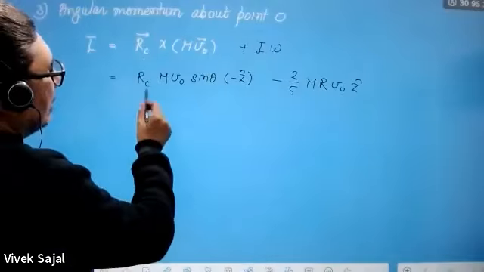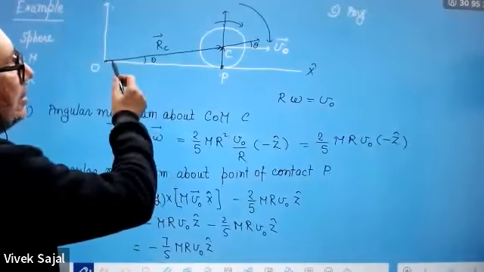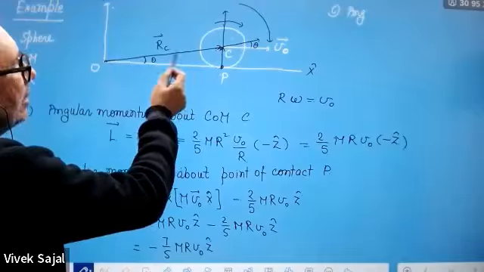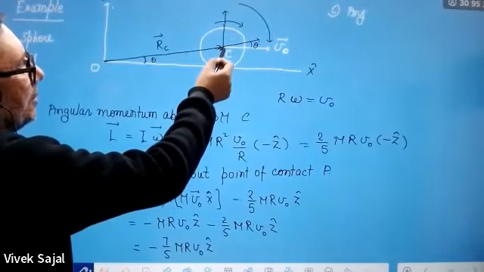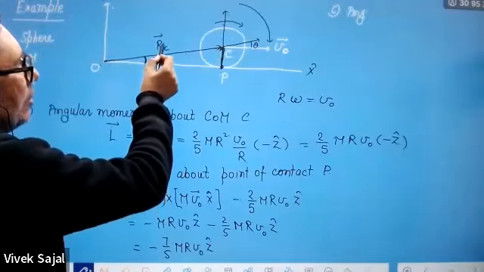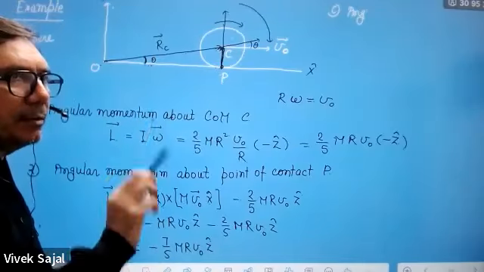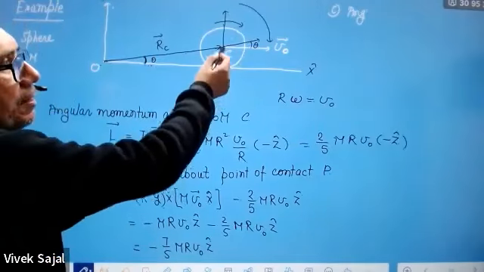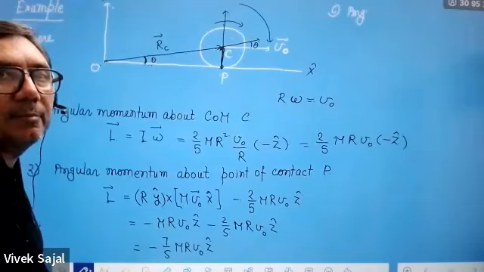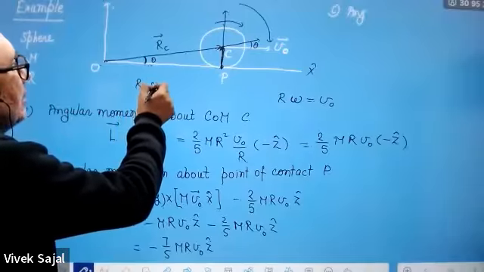Now, if you look at this RC sine theta in this diagram, in this right angle triangle, RC is the hypotenuse, and RC sine theta will be equal to the perpendicular. The height of this perpendicular is capital R. So RC sine theta can be replaced.